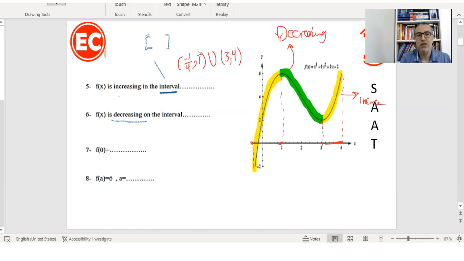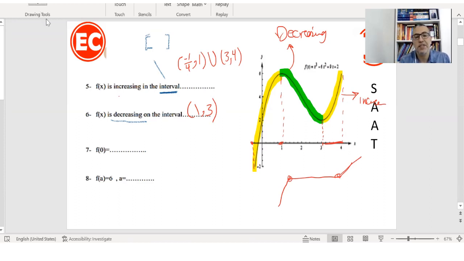So here are the two intervals where the function is increasing. For decreasing, it is the green area, which starts at 1 and ends at 3. So this is called increasing and decreasing. But what if the function is a straight line parallel to the x-axis? We call it a constant function.